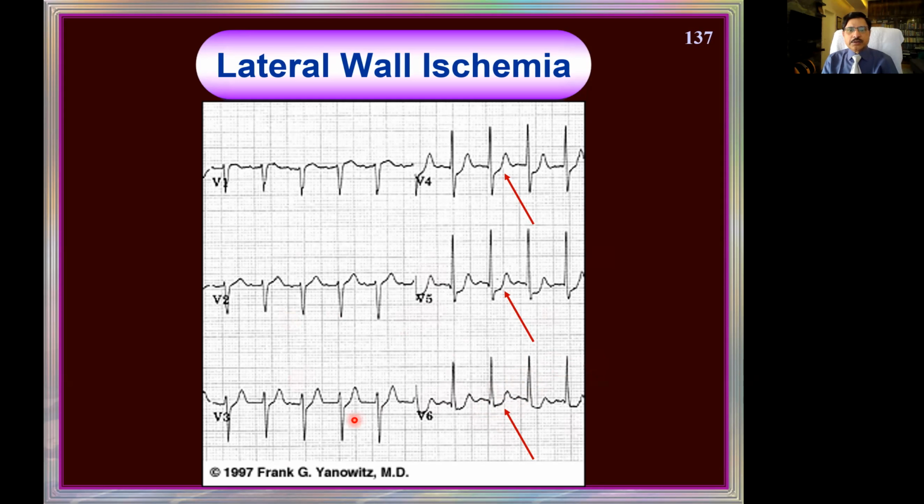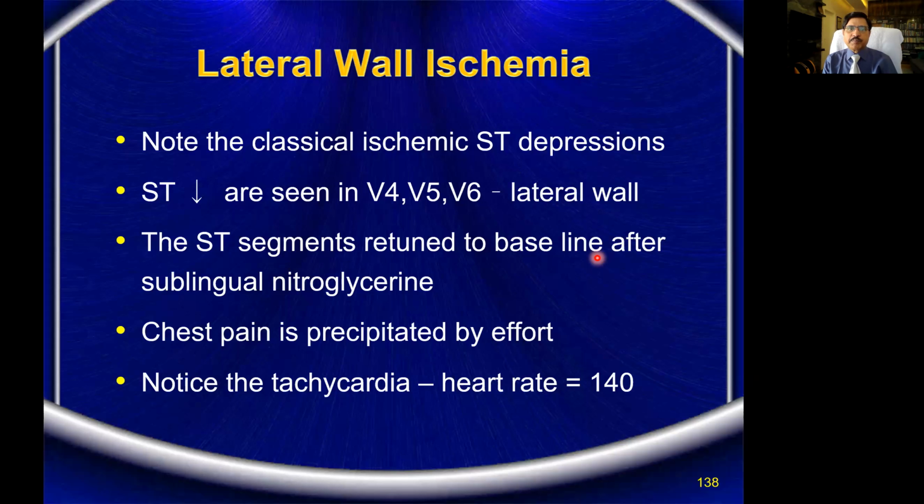What is the heart rate here? Any ECG you see, start by looking at the heart rate. 300, 150, 100, 75. So after 150 it is coming 140. 140 in an adult is a very significant tachycardia. That means because of the infarction, there is associated tachycardia. Note the classical ST segment depression seen in V4, V5, V6, in the lateral wall.